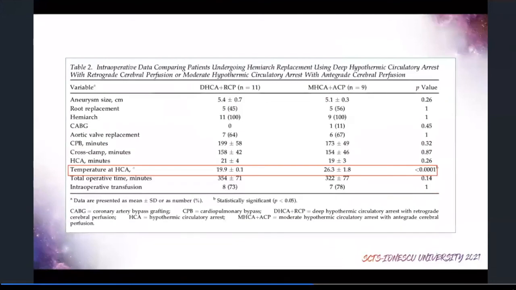This table shows the intraoperative data comparing the two study groups, as well as aneurysm size, concomitant operations, and bypass times. Really, the only significant difference was the temperature at the time of hypothermic circulatory arrest, which was 19.9 degrees in the DHCA group and 26.3 degrees in the MHCA group.